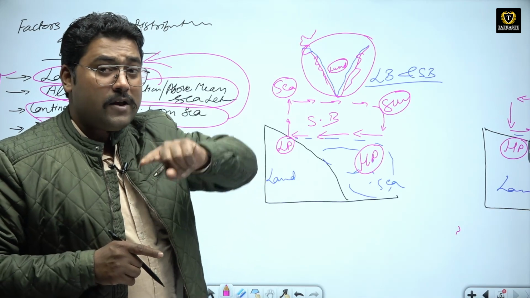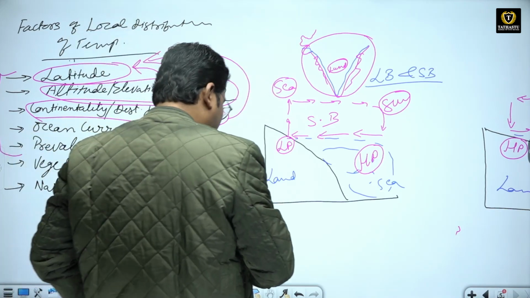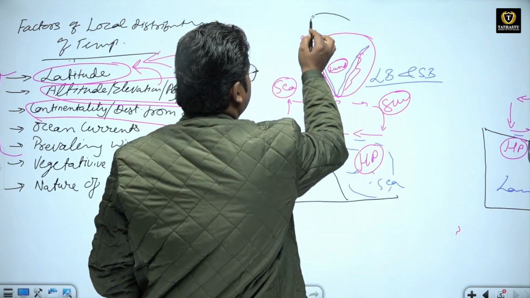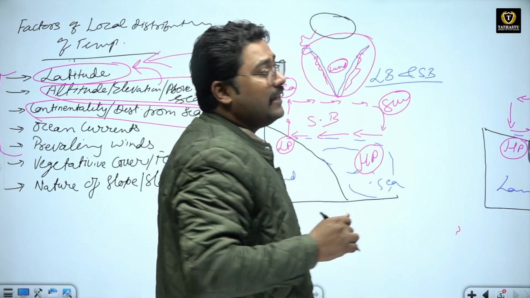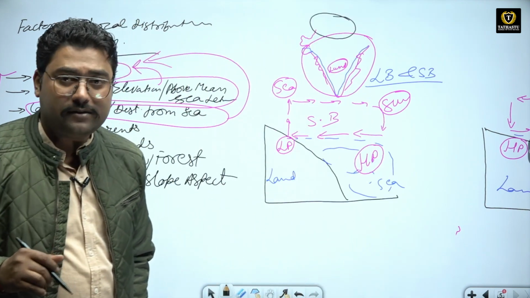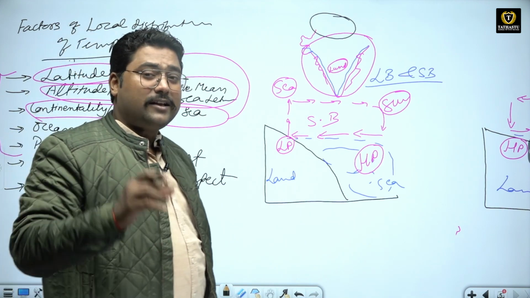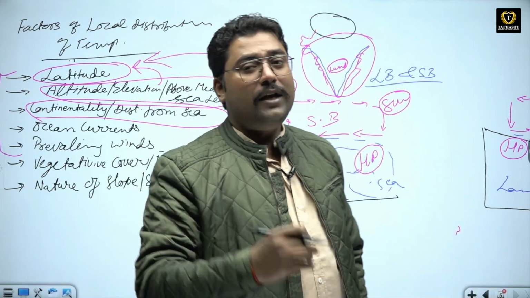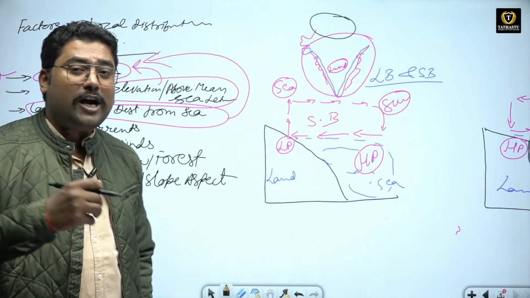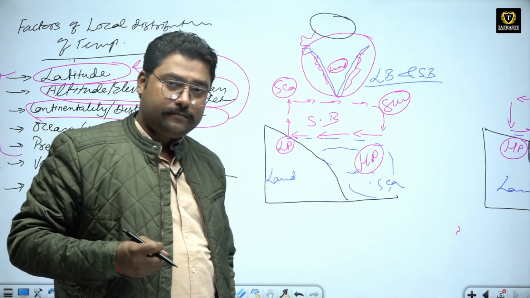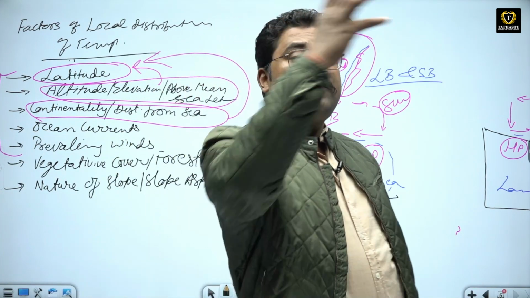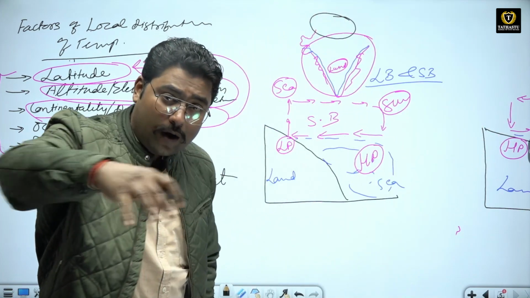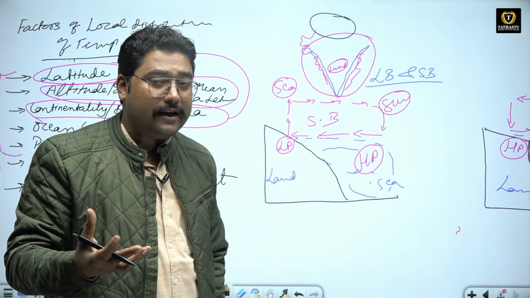But on the other hand, if we see the areas which are located in the interior part of land, or you can say the landlocked areas like Delhi, UP, Haryana, Punjab or Rajasthan, they are away from the sea and basically from all sides land is there.